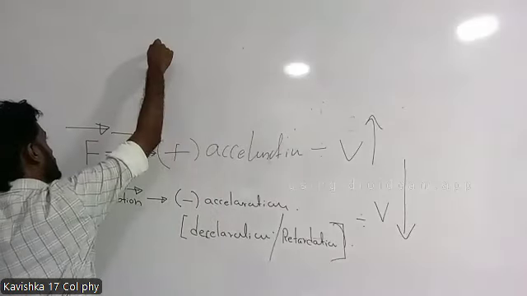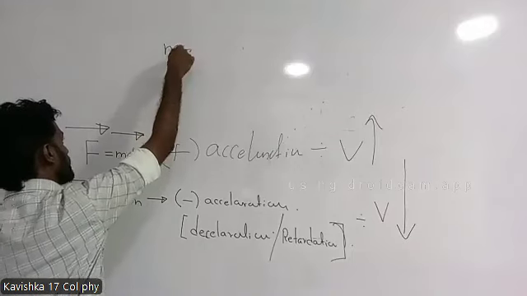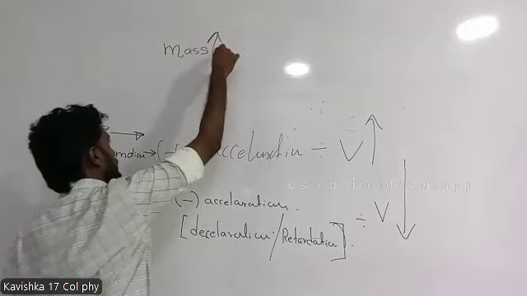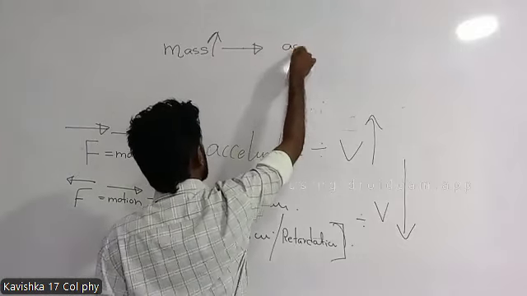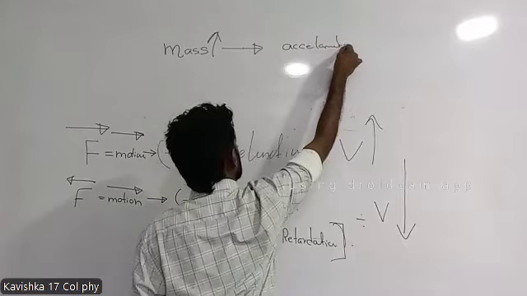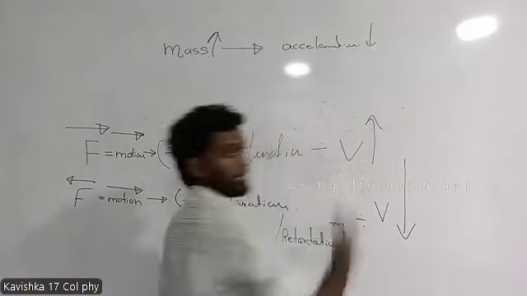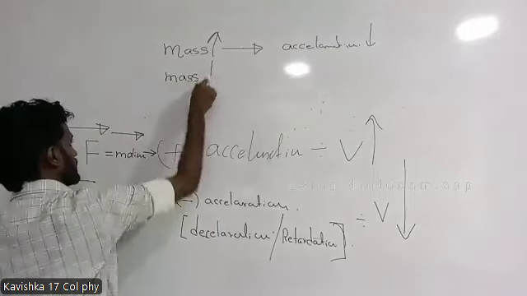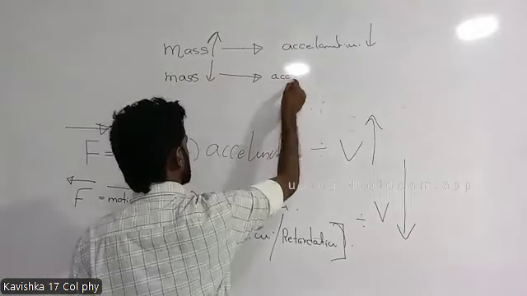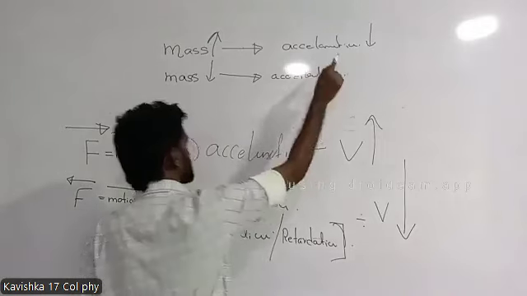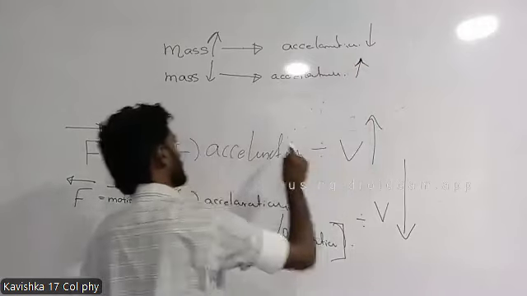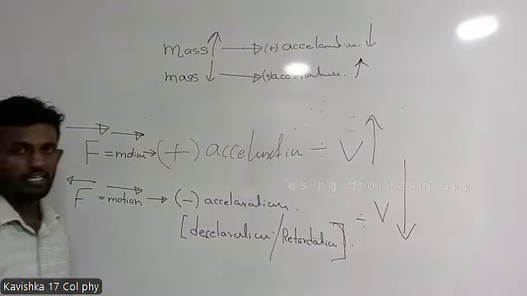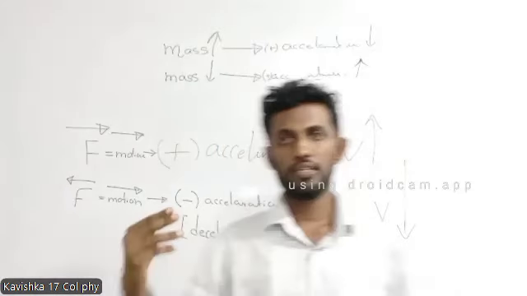It is the mass of the object. If the mass increases, what happens? Acceleration decreases. If the mass decreases, the acceleration of the object increases, positive acceleration increases. So mass and acceleration have an inversely proportional relationship.